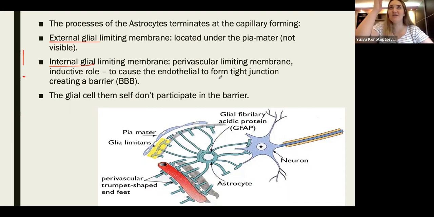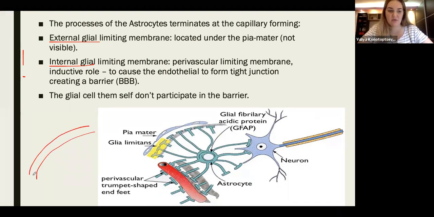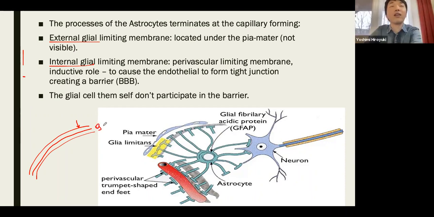So think, it is right under the pia mater. So we have the brain, this is the pia mater, and between the brain and pia mater is the glia limitans. Pia mater is this one, it is a separate layer by itself. Who made the glia limitans? Protoplasmic. Perfect.